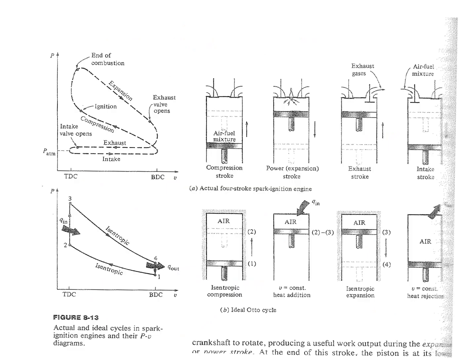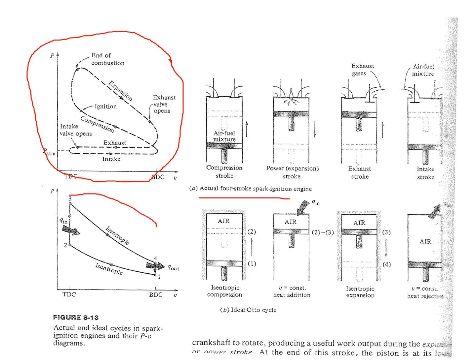And if we look at the actual 4-stroke spark ignition cycle, it will be like this, and this is the actual one, where they also have the ideal cycle in the bottom graph. This is the actual and ideal cycle in the spark ignition engine on their PV diagram, pressure versus volume diagram. Okay, this is the ideal Otto and this is the actual one.